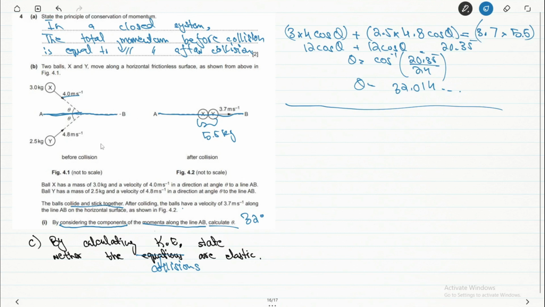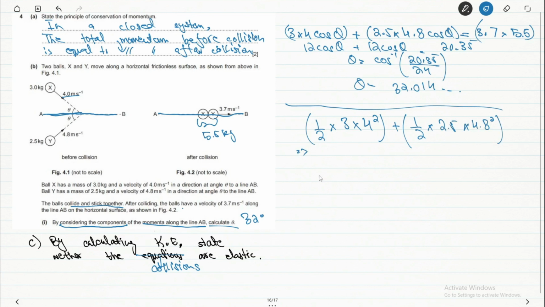So again, they are telling you how to get the answer. So let's calculate the kinetic energy here first. 1 by 2 mv square. So 1 by 2 times mass 3 multiplied by 4 square, plus, because this particle is also moving, 1 by 2 mv square, right?